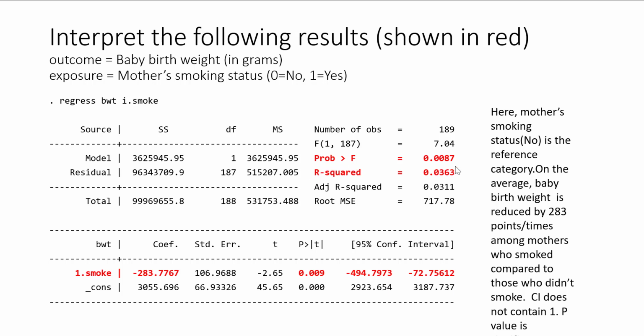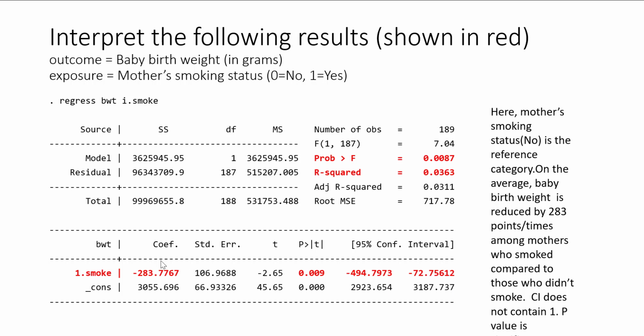Then the p-value is less than 5%, that's less than 0.05, and it is statistically significant. Also, the confidence interval does not contain 1, so it is significant, and it's also narrow. Do you understand? So it is narrow, implying that the confidence interval is precise. It doesn't contain 1. All right.